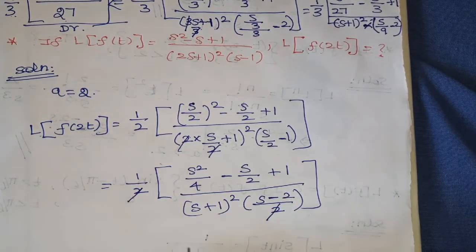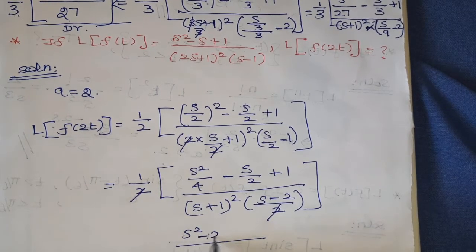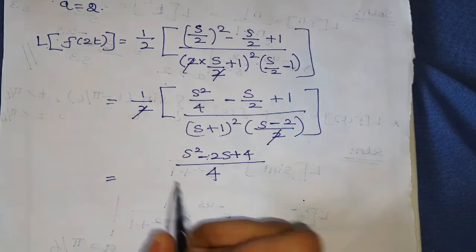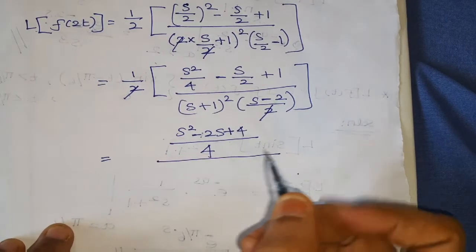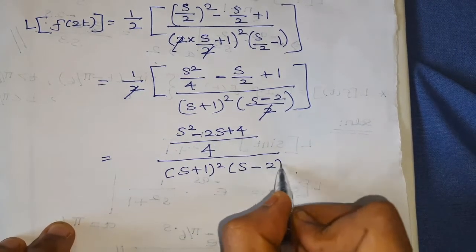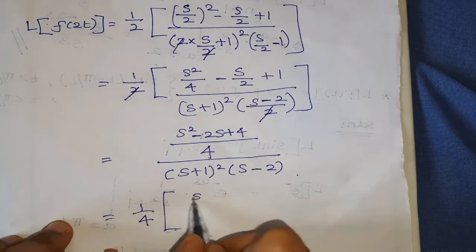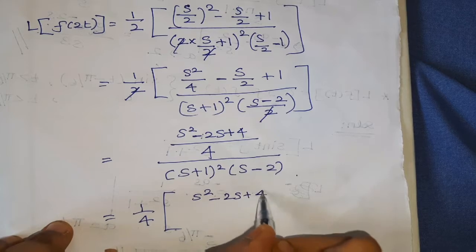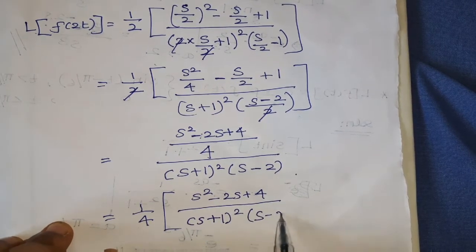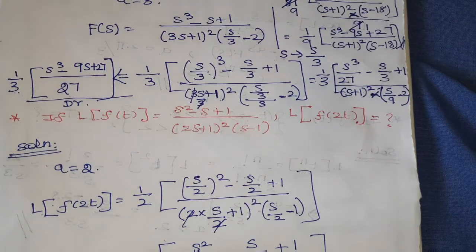Taking the LCM on the numerator, (s² − 2s + 4)/4 divided by (s + 1)² times (s − 2). We can write it as 1/4 times (s² − 2s + 4) divided by (s + 1)² times (s − 2), which is the answer for this question.